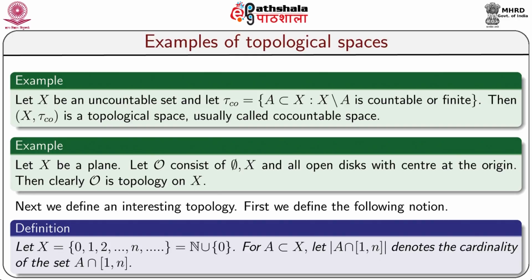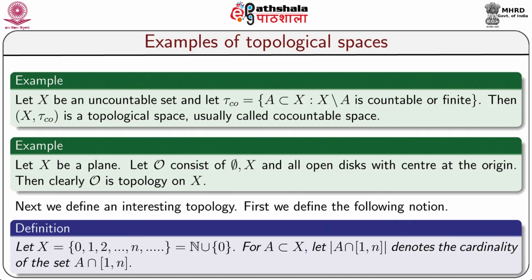So let X be an uncountable set and consider all those subsets of X whose complements are countable. Then this collection will be a topology on X. Generally this is denoted as tau_co and called the co-countable topological space. The proof is almost the same as above, so we will not repeat the proof here.